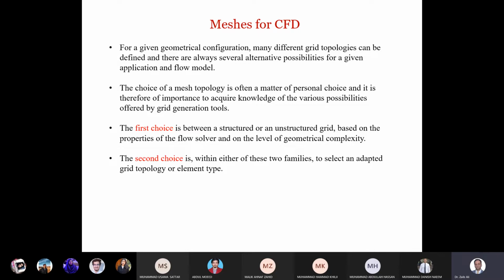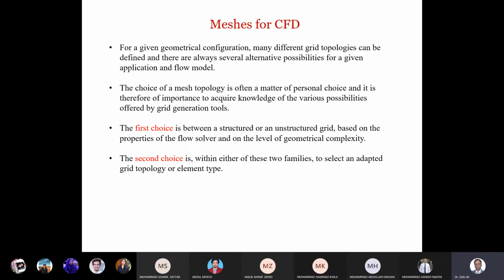For example, if your code is based on finite difference method, then most probably you will be using a structured mesh, because finite difference on unstructured meshes is very complex and not commonly used. We commonly use finite volume method. Fluent, for example, can handle both structured and unstructured meshes, since it is based on finite volume method.